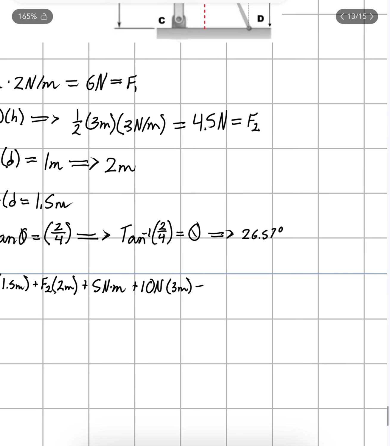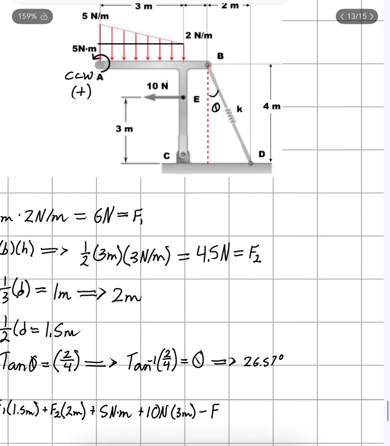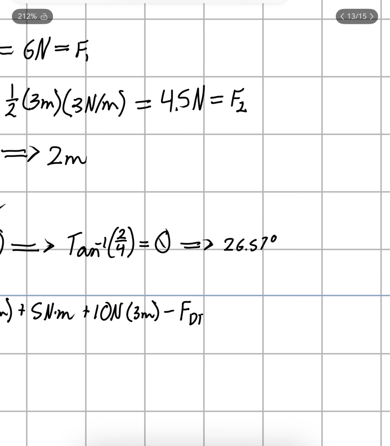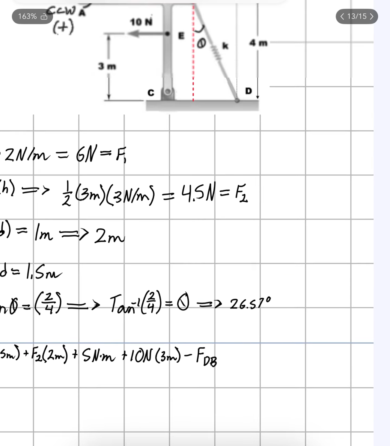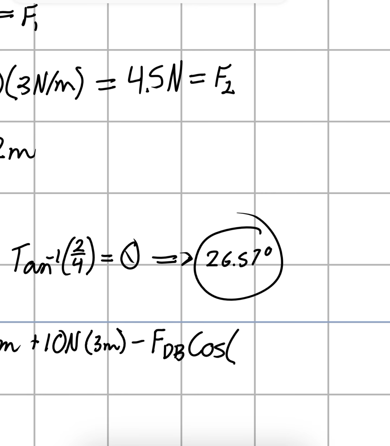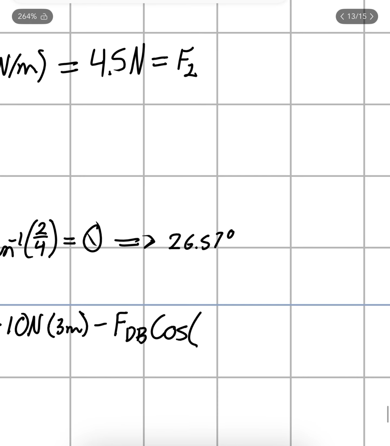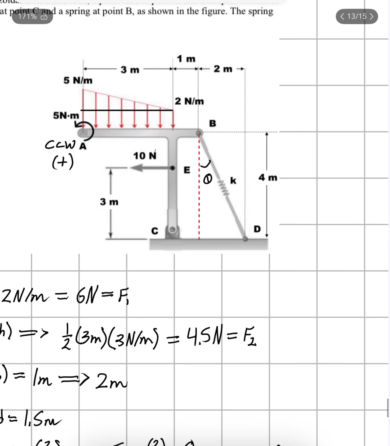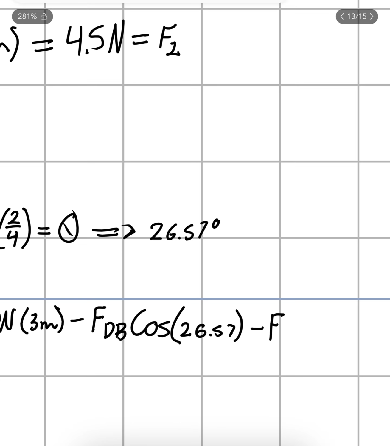So, we will say that the force about cable B, or DB, FDB, times cosine of our calculated angle, which is 26.57 degrees, minus FDB sine of, we're running out of space here.